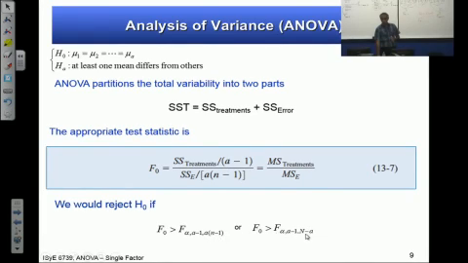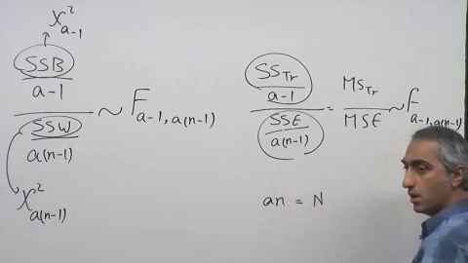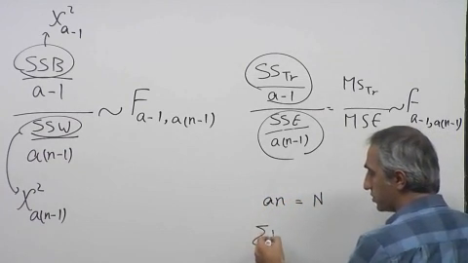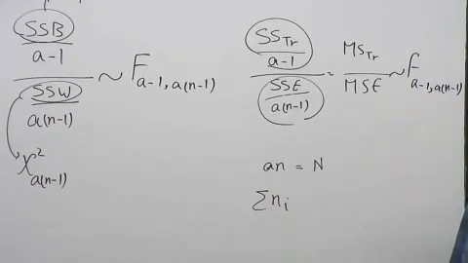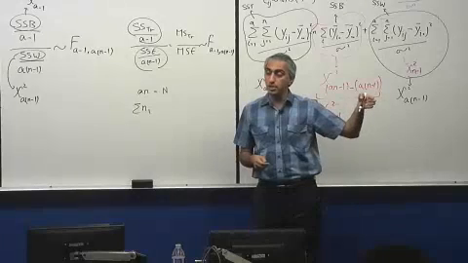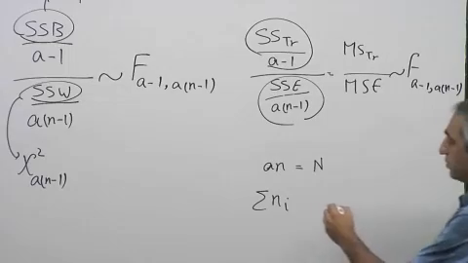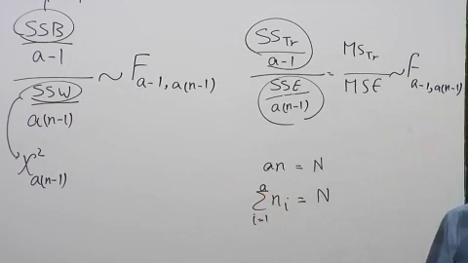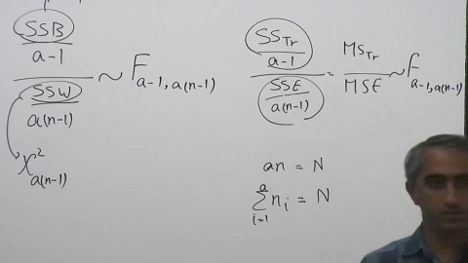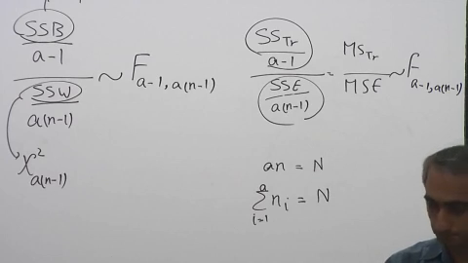Another one is capital N, the total number of observations, which is the summation of Ni. Sometimes the number of experiments for each level is not the same. In this case, your capital N is the summation of Ni, the total number of observations that you have. Does it make sense? Any questions? You good? Okay.